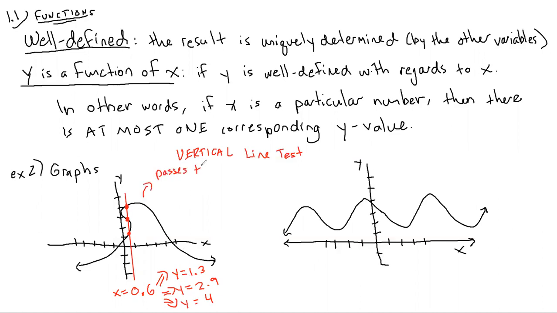So passes through more than one point. So that's actually our answer for this one because that vertical line passes through more than one point. It's not a function. And I should make note of this. It's not just an arbitrarily chosen vertical line.